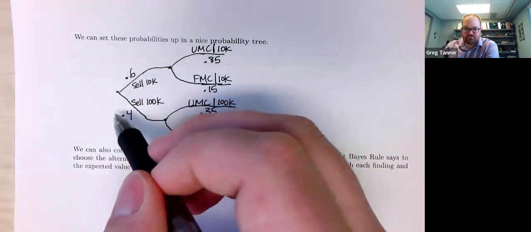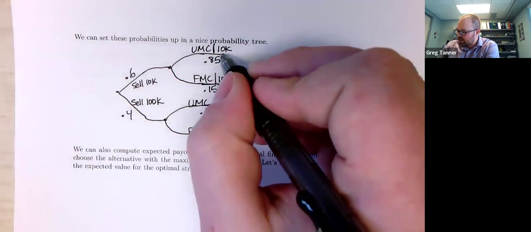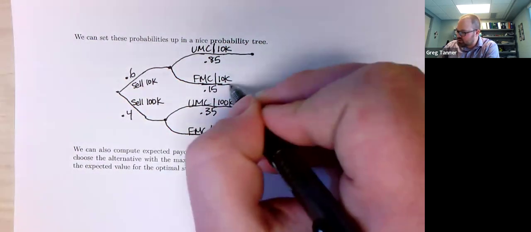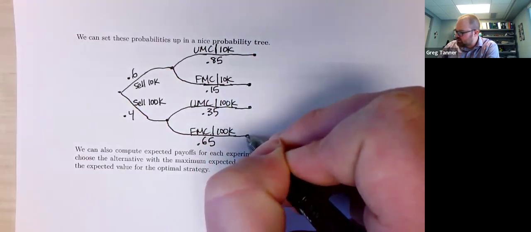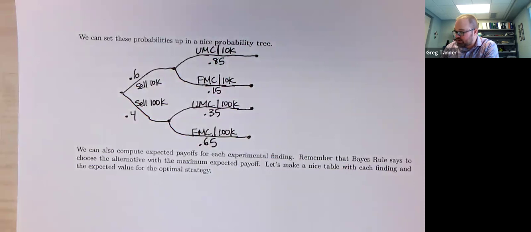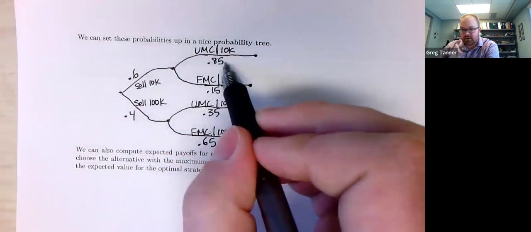Here are our priors. All of this is information that's given to us. And now what we need to do is compute the joint probabilities. To compute joint probabilities, we multiply along the branches.